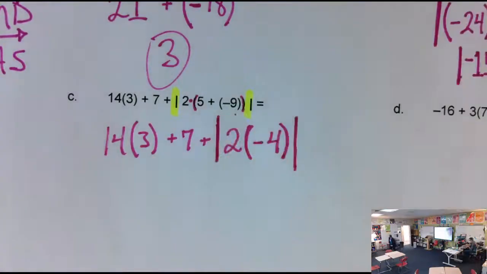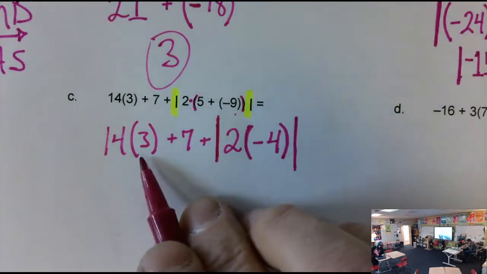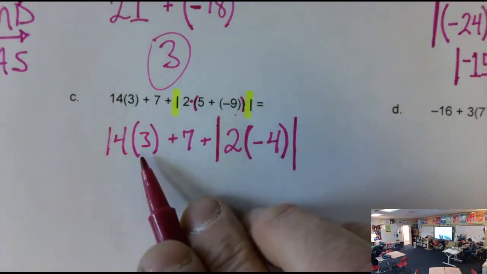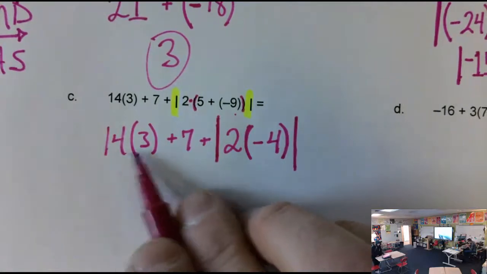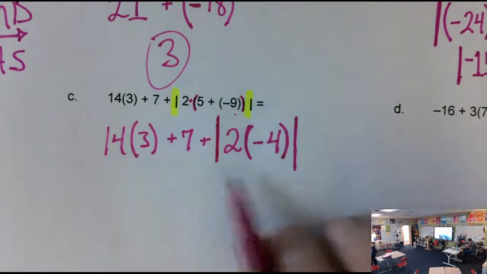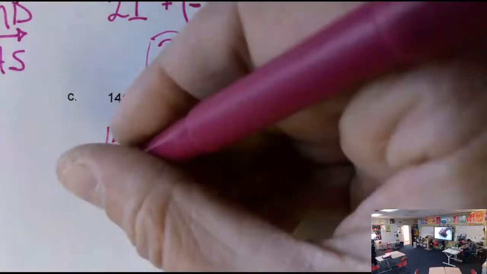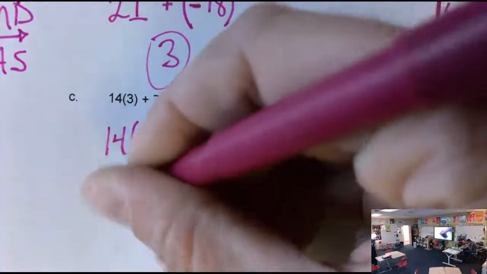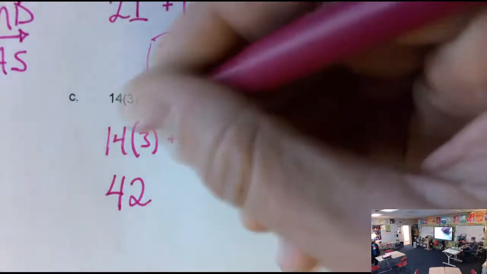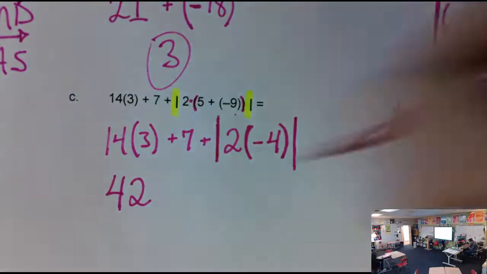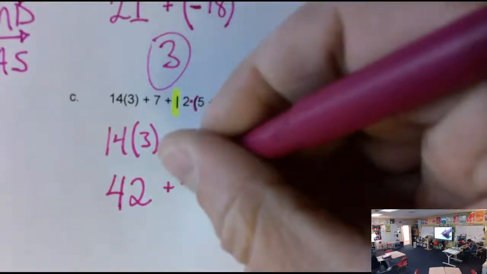I make my absolute value bars pretty darn tall. 14 times 3. I can now do, because we're on to the multiplication step, our multiplication steps. So 14 times 3, that's a little tricky. I would do 10 times 3 and then 4 times 3. We still have that plus 7.